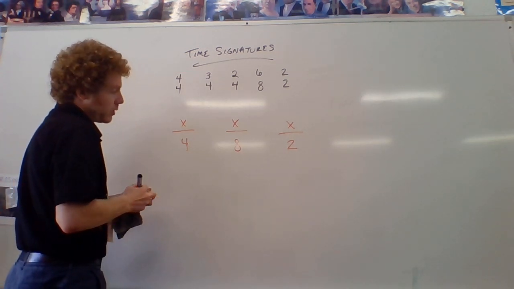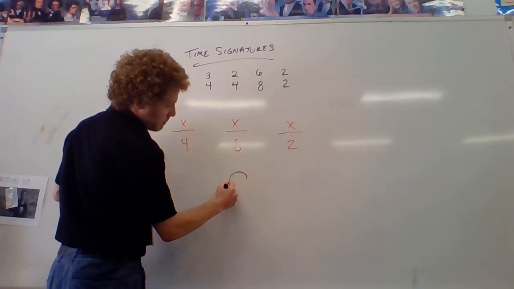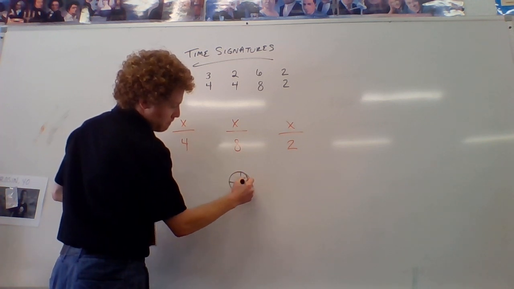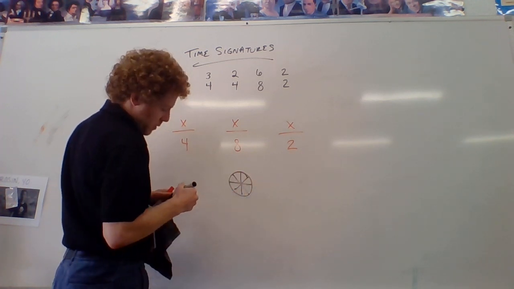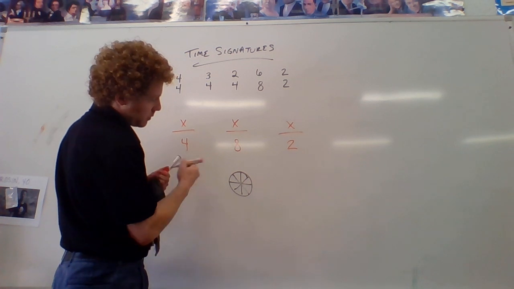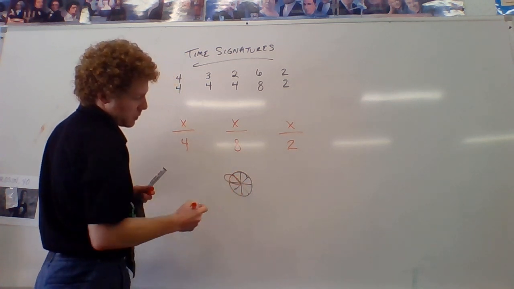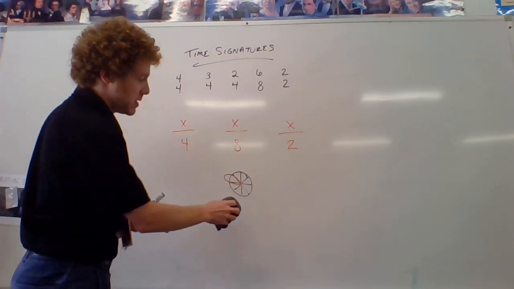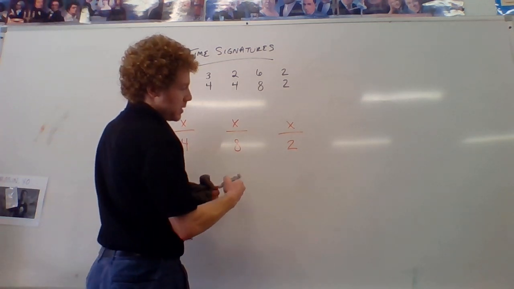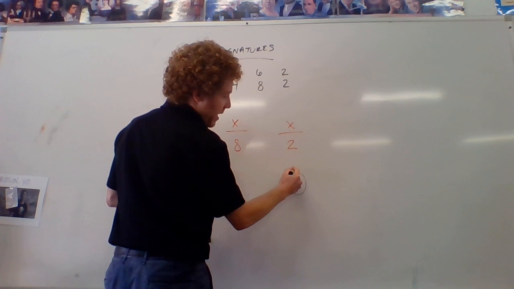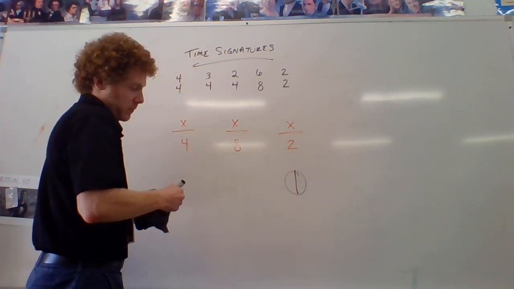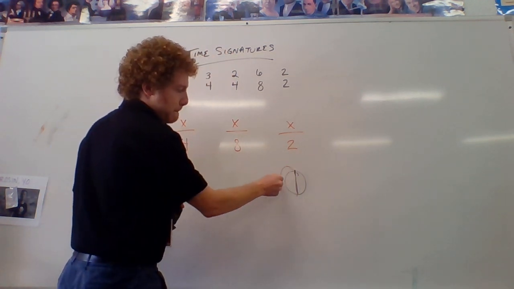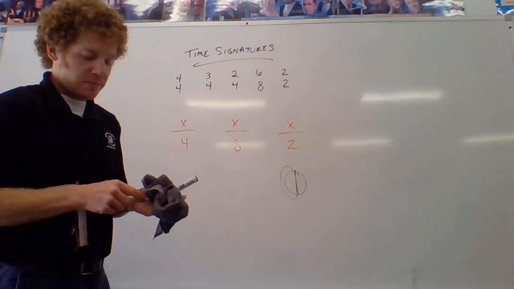Here, if we divide something in 8, one chunk, that's an 1/8 of that pie. That's an 1/8 note. An 1/8 note gets the beat. Okay, here, if we divide our pie in half, that's half the pie. A half note gets the beat.